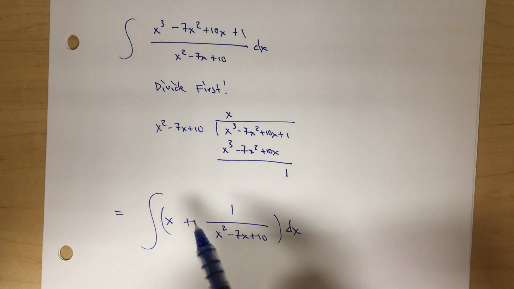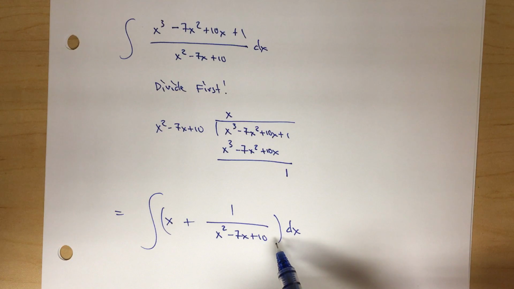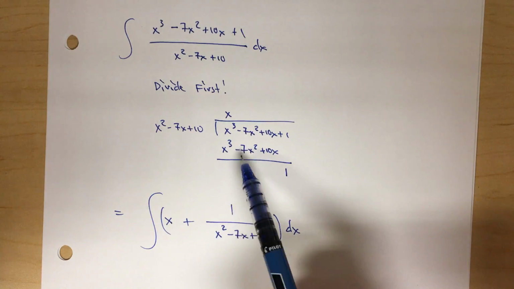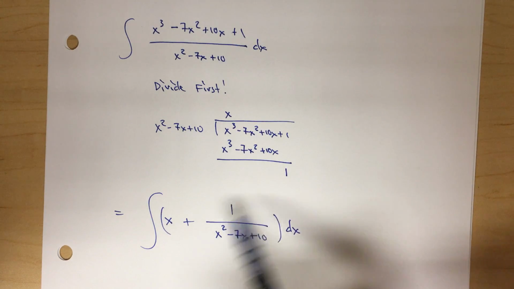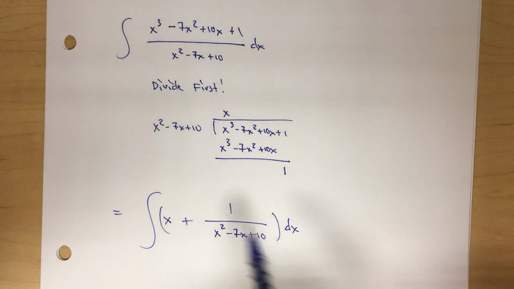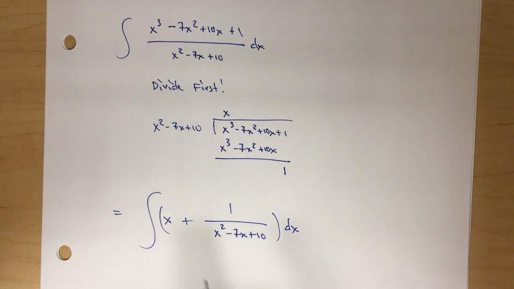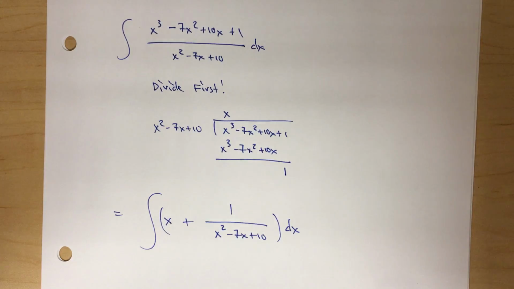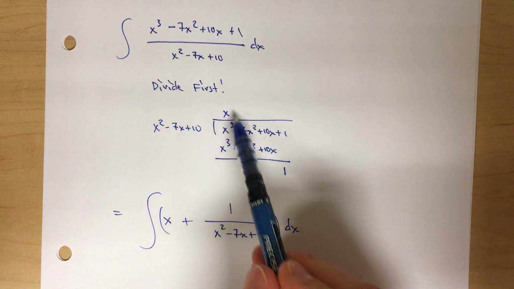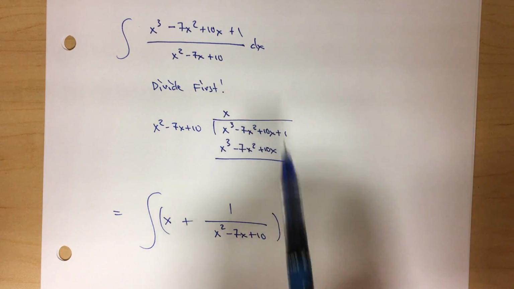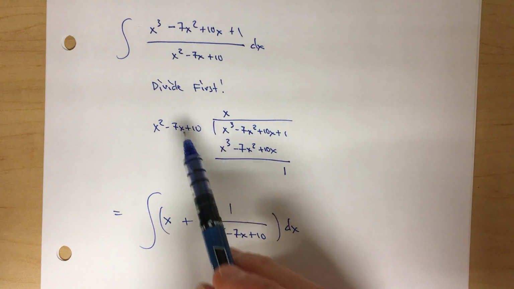Right, because if I multiply this by this, I will get x cubed minus 7x squared plus 10x, and then adding the 1, I'll get this. I forget the divisor, quotient, and so on, but this is definitely equal to that. I think this is the quotient plus the remainder over the divisor.